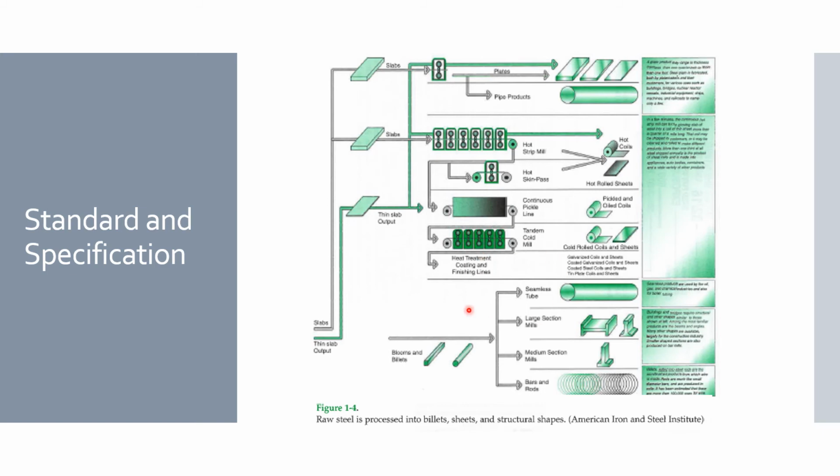This is just an example. You can see a bigger picture in the chapter handout. This is just showing you a standard. Raw steel is processed into billets and sheets. These are just shapes and sizes that you want your product to be in. So it's just a type of standard.